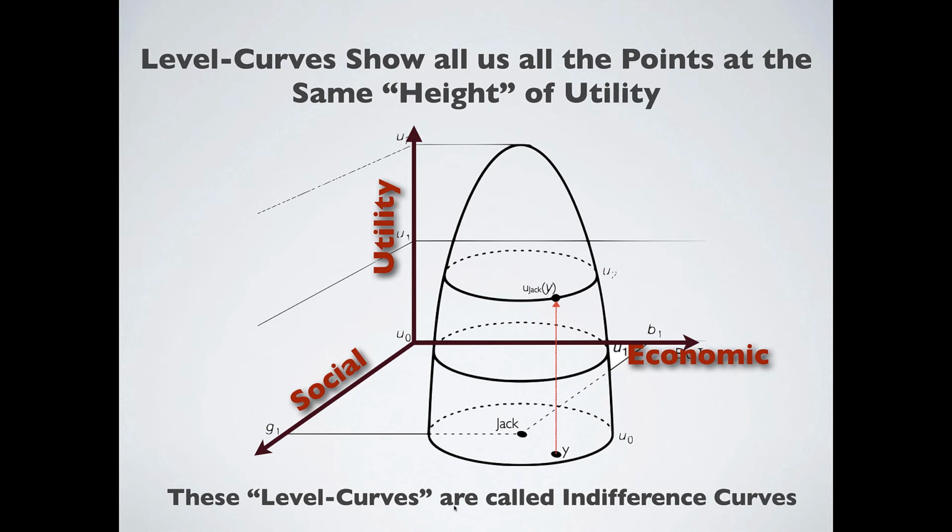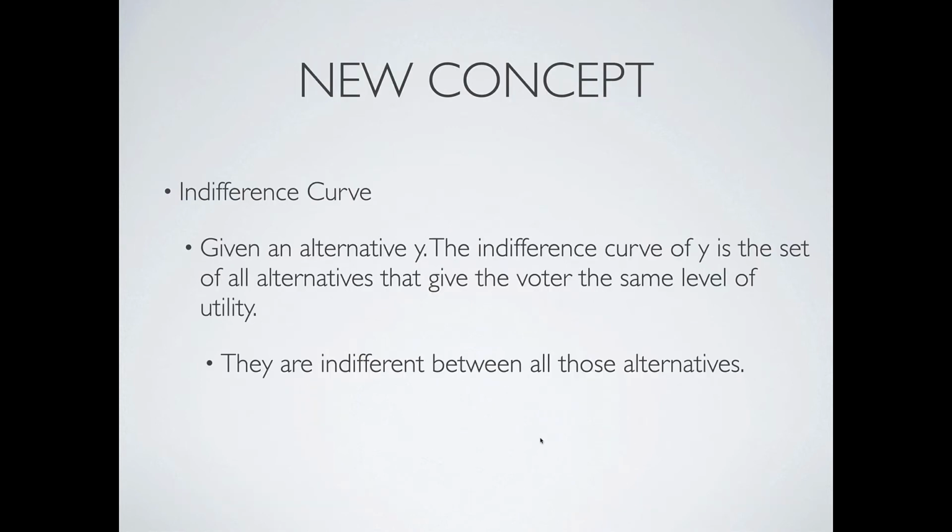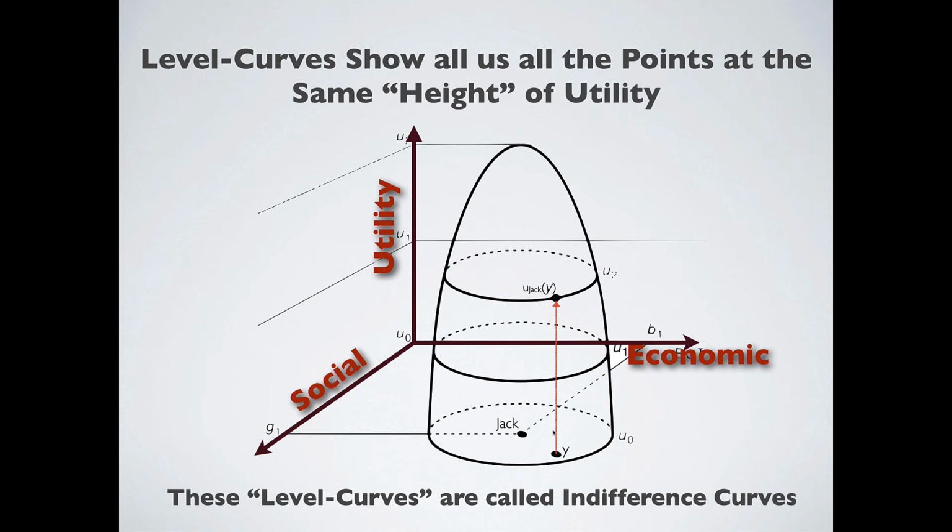They have a particular meaning for us. They're indifference curves. It's the set of all points that Jack is indifferent to, and an indifference curve is based on a particular alternative. So there's an indifference curve for y, and then there's another indifference curve for, say, that z I was talking about, all right?